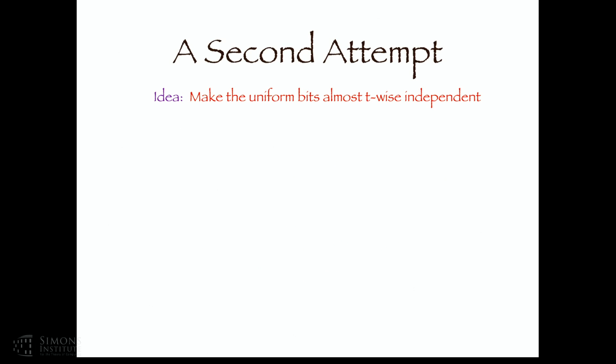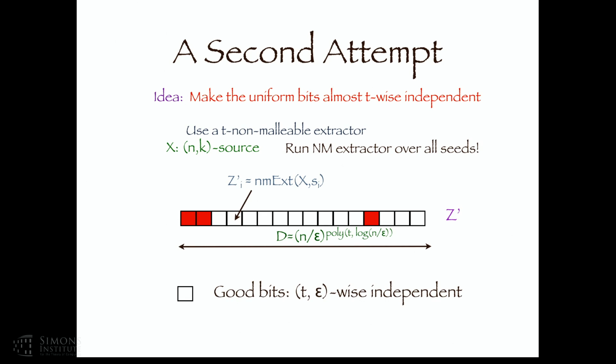A second attempt is to get more structure in those uniform bits, to make them almost t-wise independent. And the tool for this, as seen in the definition of a t-non-malleable extractor, is just that. Now take a non-malleable extractor, get a sample from X, and run the non-malleable extractor on all its seeds. Now, the length of this string is actually quasi-poly.